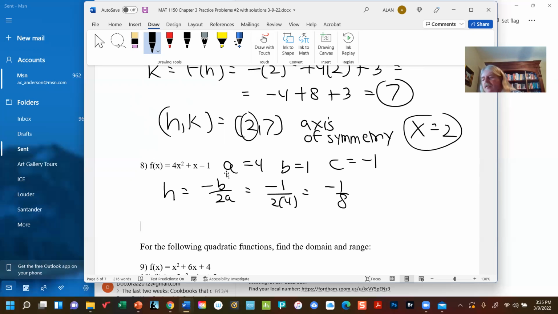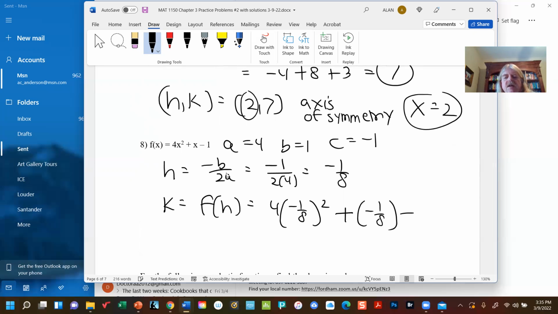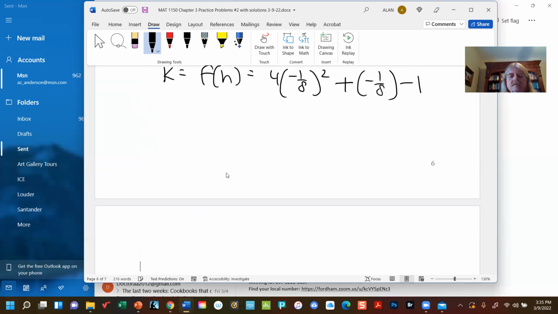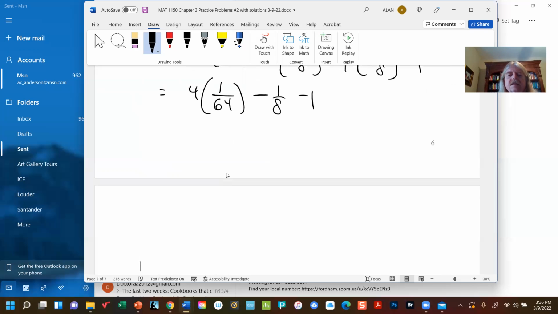And what does that tell us about K? K is f of h. We'll have 4 times -1/8 squared plus -1/8 minus 1. Four times 1/64 minus 1/8 minus 1. So let's have a common denominator of 64.